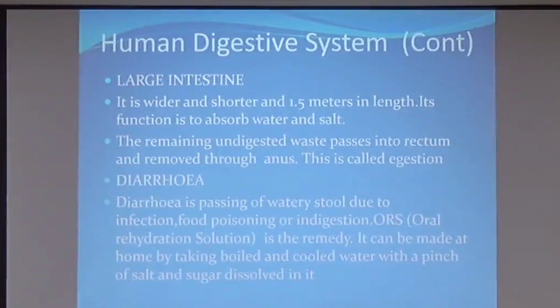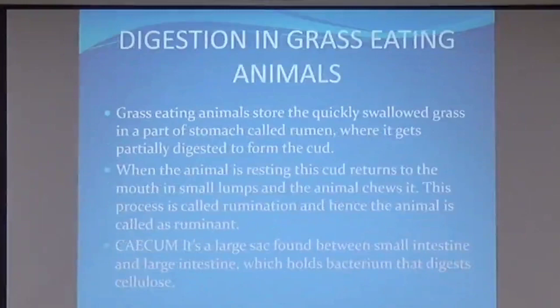One remedial method is taking oral rehydration solution, and it can be made at home by taking boiled and cooled water with a pinch of salt and some sugar dissolved in it. This is the way in which digestion takes place in human beings.